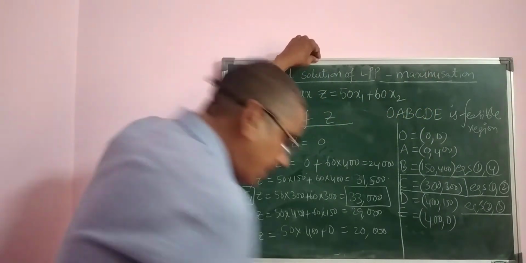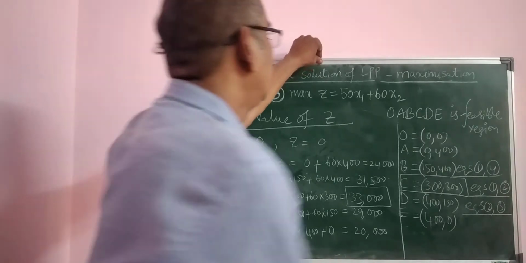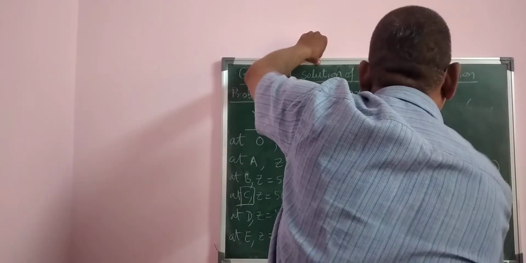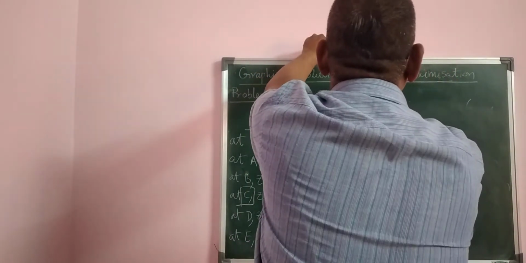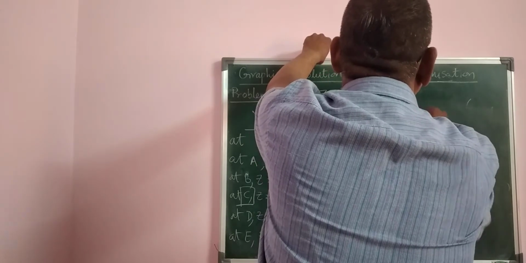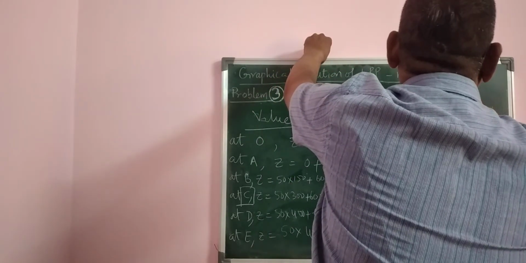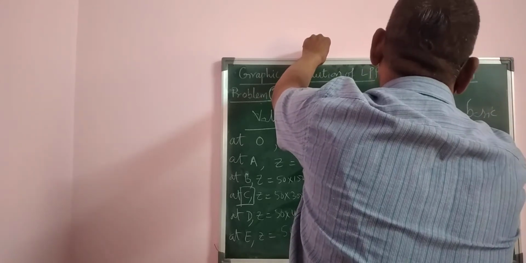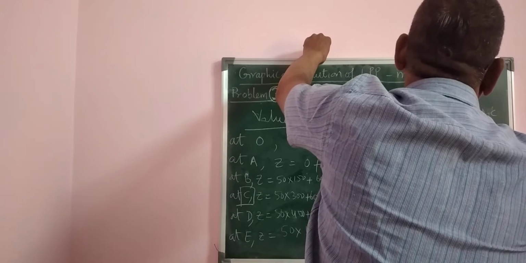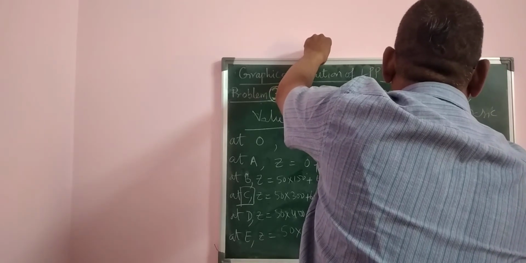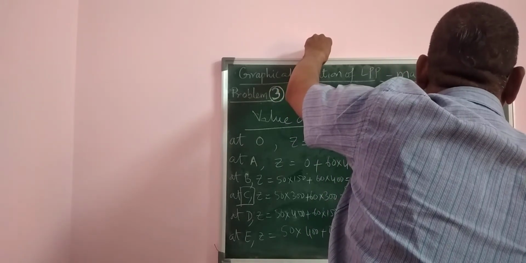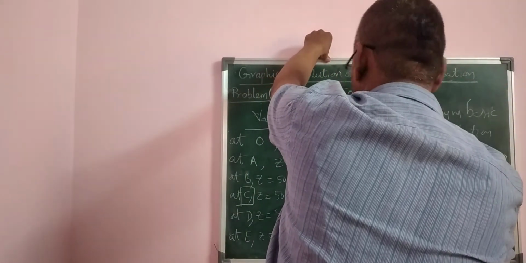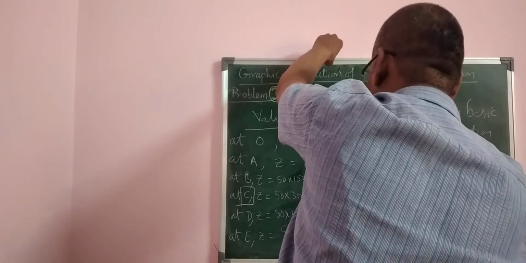So now I write the optimum basic feasible solution. The optimum basic feasible solution of the given LPP is: maximize Z is equal to rupees 33,000 at the point C, and you have to write the values x1, x2 clearly.